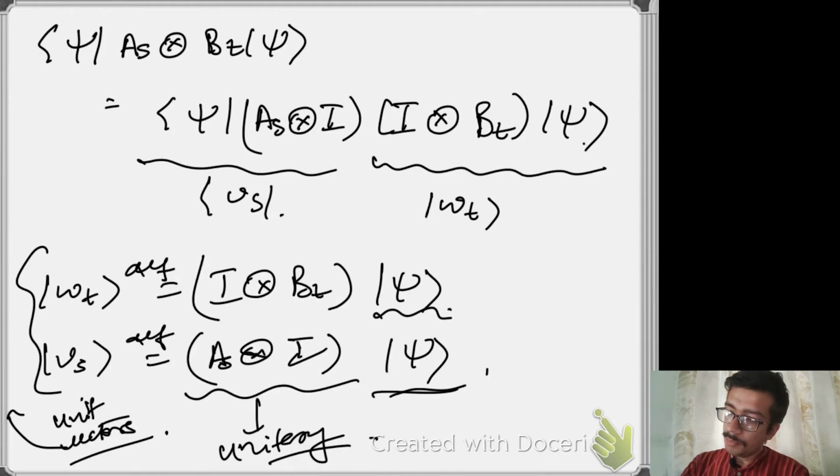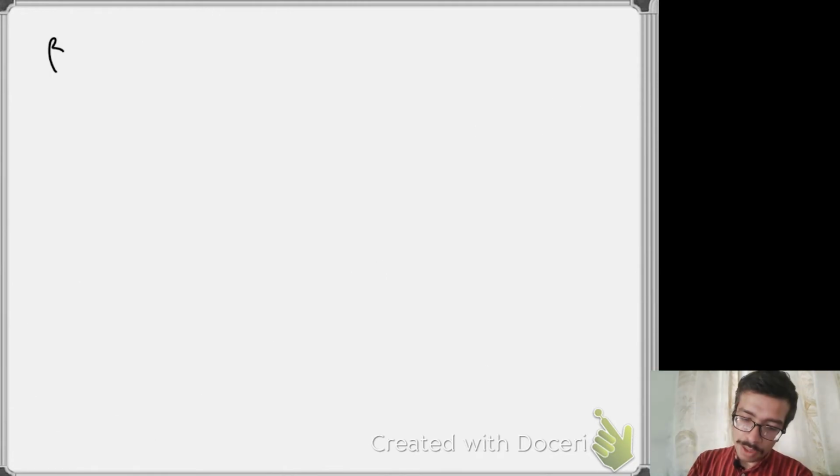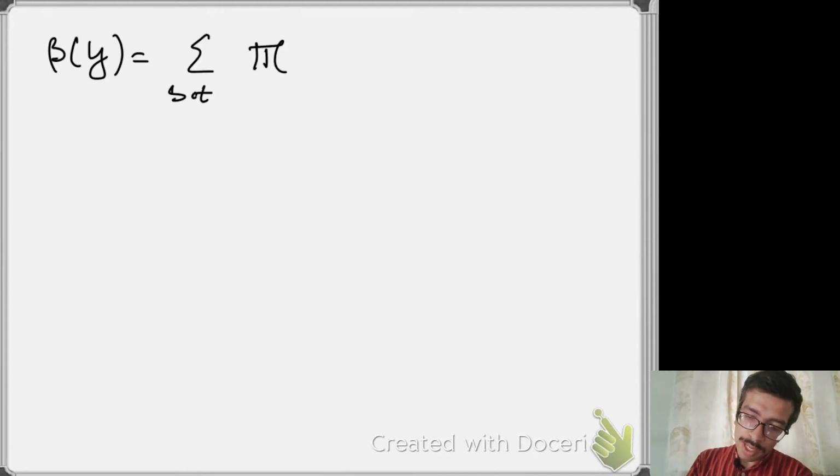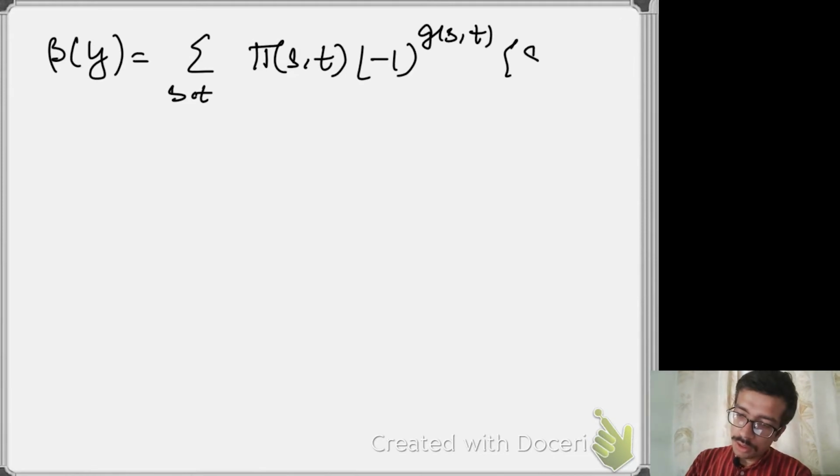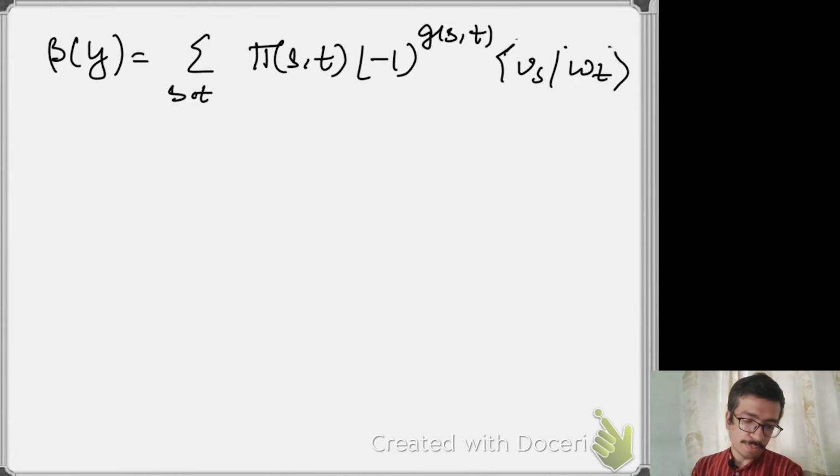So in this regime, I can express the bias of the game as the sum over S, T of pi(S,T) times (-1) to the power G(S,T) times Vs dot WT. Yeah, it's Vs dot WT.